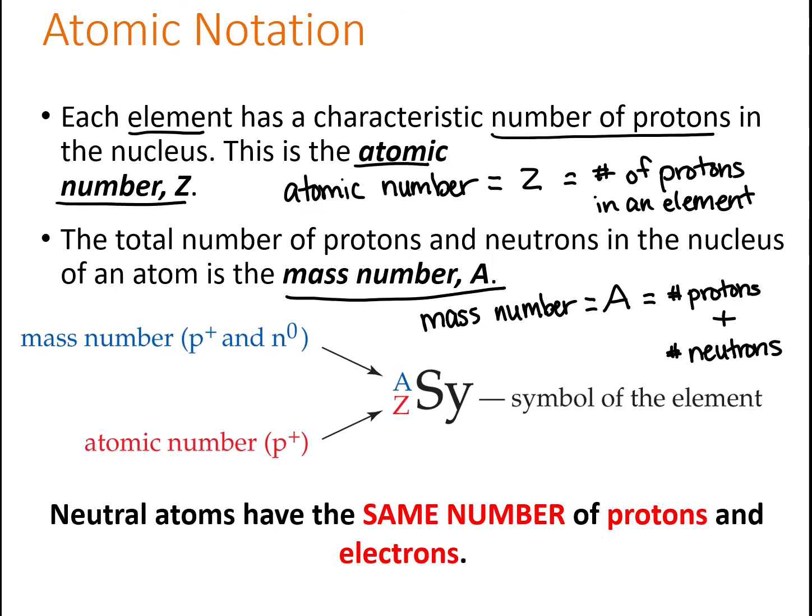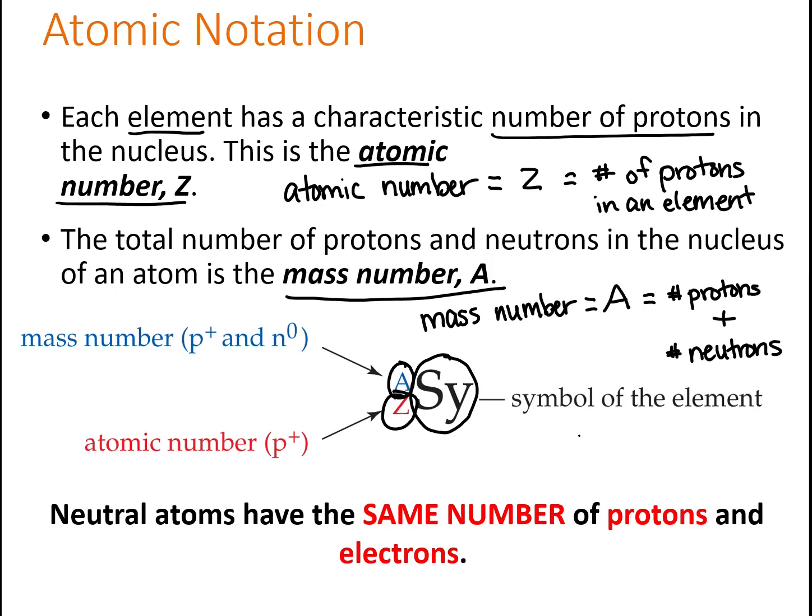When you see a symbol on the periodic table, you'll see one or two letters. The first letter will always be capitalized. And then up top, you'll see a number, and that is the mass number. And underneath that, you'll see the atomic number.